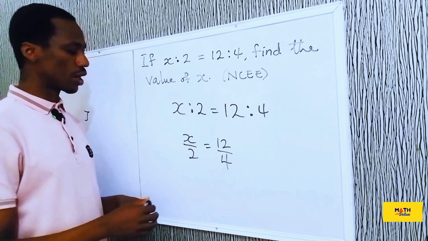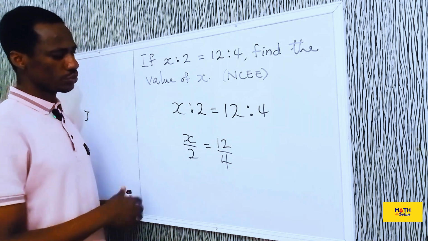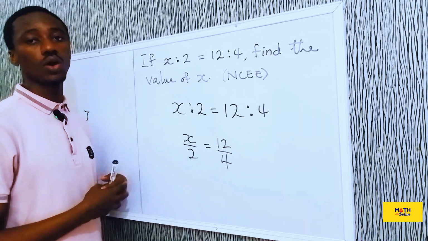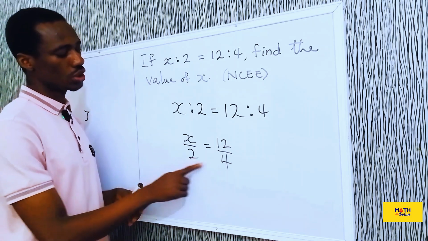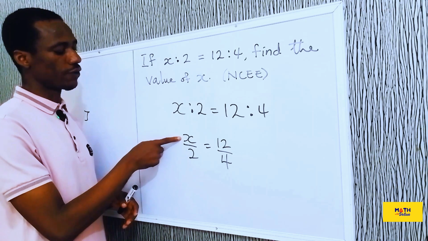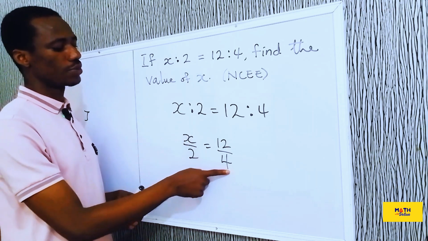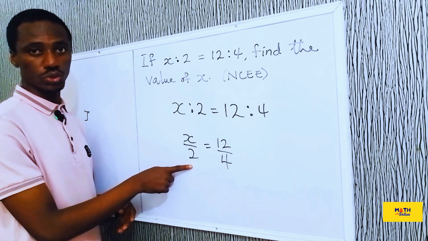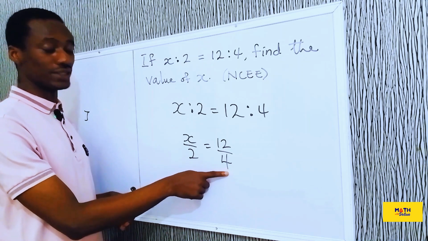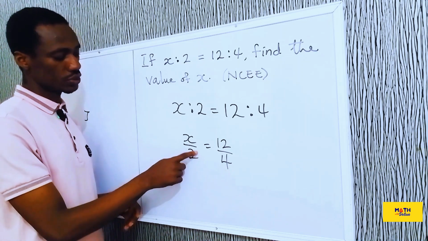Now the first method: we check what happened, in terms of multiplication or division, to 2 that made it 4. Or, since what we are looking for is this side, what happened to 4 that made it 2? If you look at it very well, you divided 4 by 2 to get here.